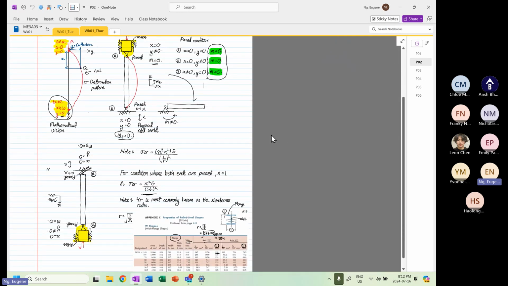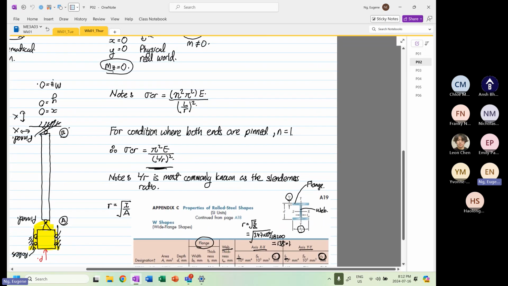The formula we have to apply is critical stress is equal to pi squared E over (L/r) squared. I'm going to make an assumption that it is under centric loading.